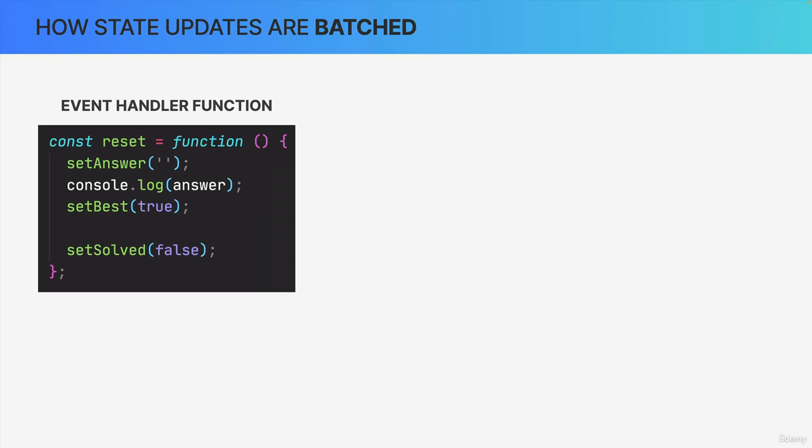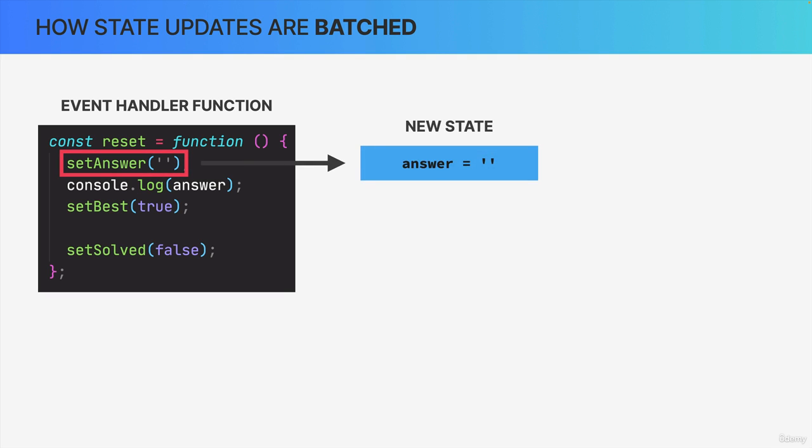Now, what I want to do here is to analyze how these three pieces of state are actually updated behind the scenes. So we might think that as React sees the setAnswer function call, it would update the state to the empty string as requested, and then trigger a re-render and the commit phase.